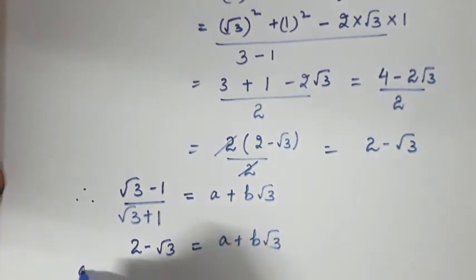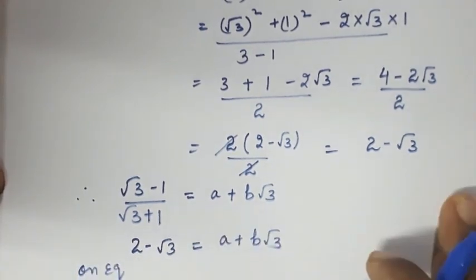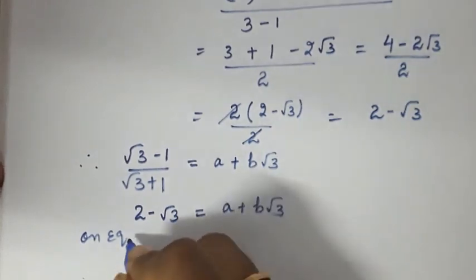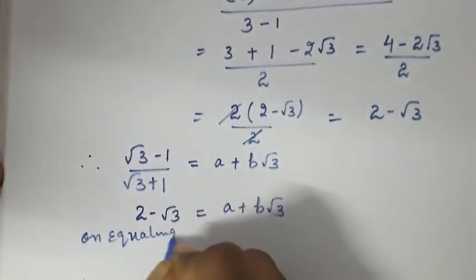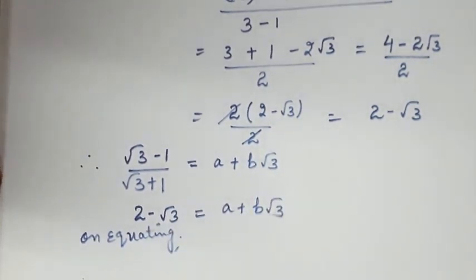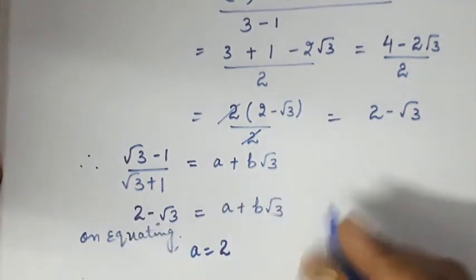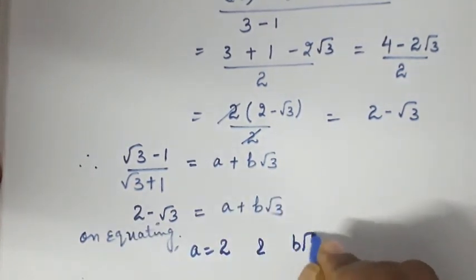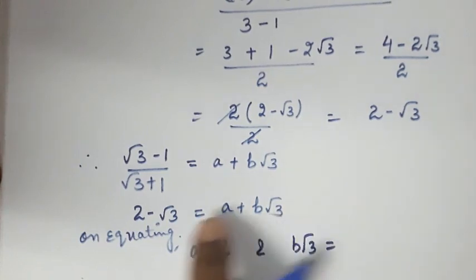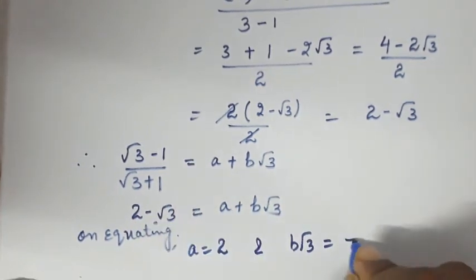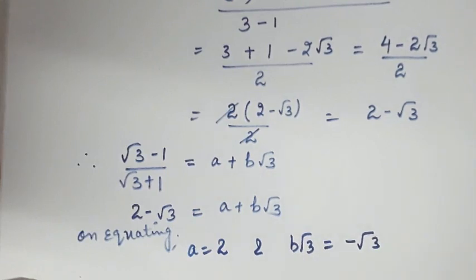Okay, on equating, I could get the value of a is equal to 2, right? And b root 3 is equal to the second value, that is minus root 3, right?